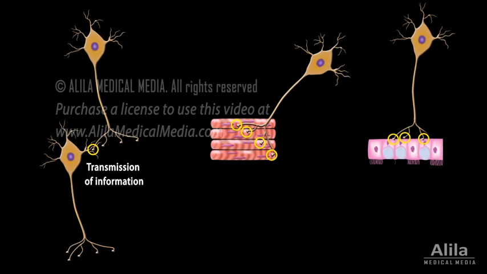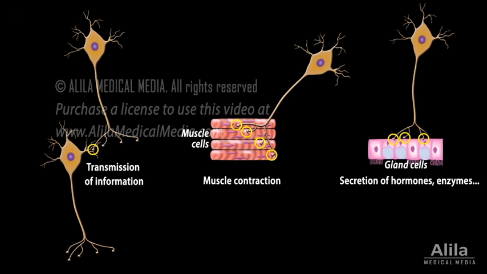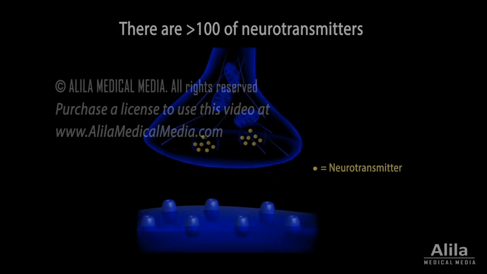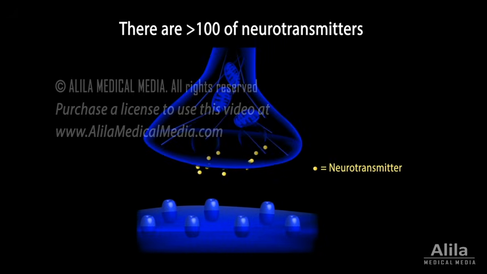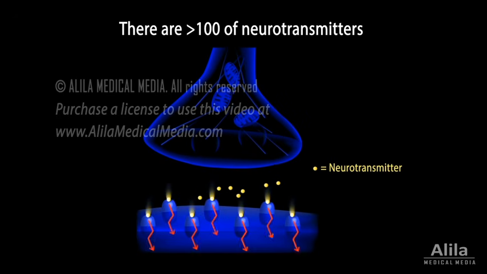Chemical synapses exist not only between neurons, but also between a neuron and a target cell, such as a muscle or gland cell. Over 100 neurotransmitters have been identified so far. Most of them can be grouped into classes according to their chemical structure.